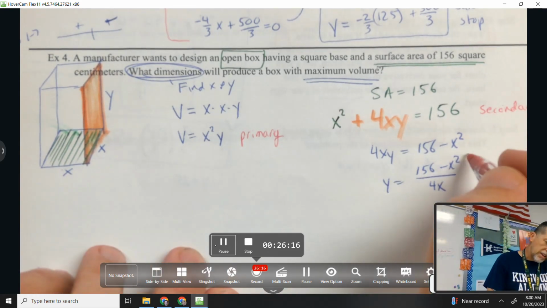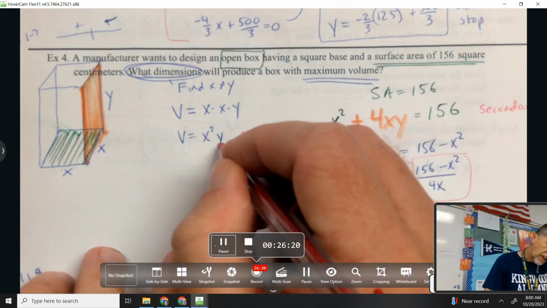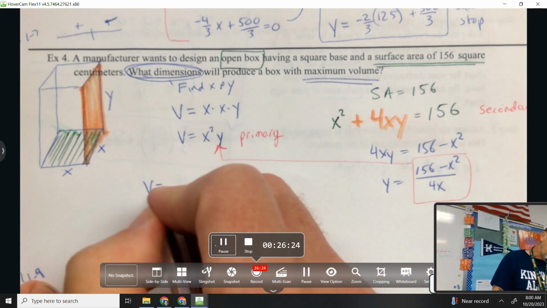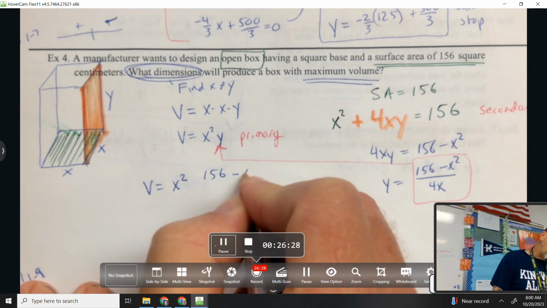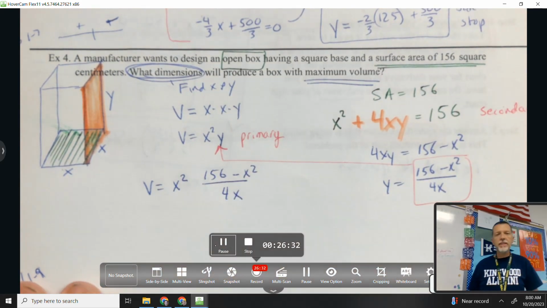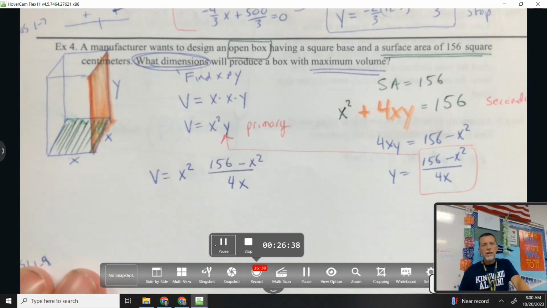And let's hope that this isn't awful. That goes in for y. So x squared times 156 minus x squared over 4x. Oh, this is good news.